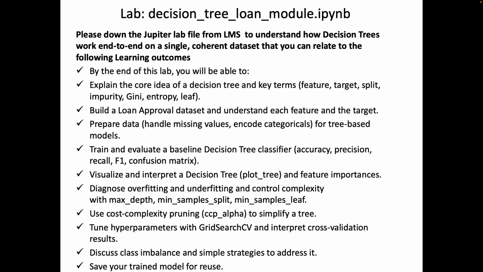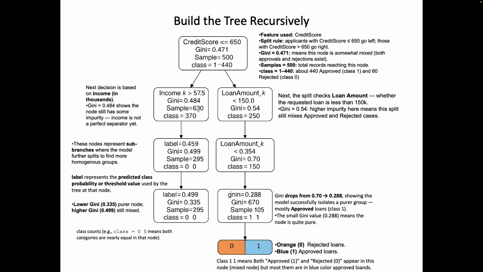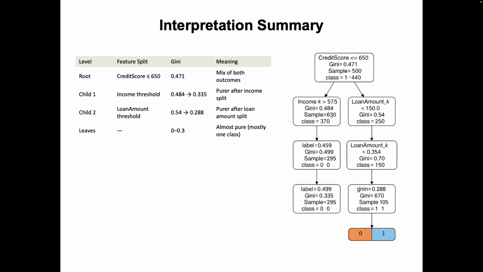Now, this is the second last one. So the first one was root 1, right? Root 1 was 471. We got the root, and then from the root we went to the first child, a purer income split. Then we did that based on income, right?